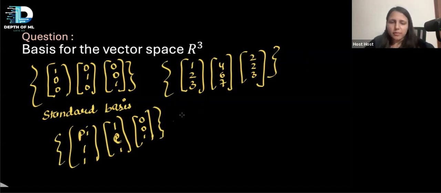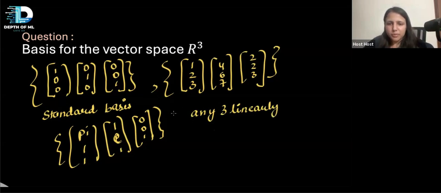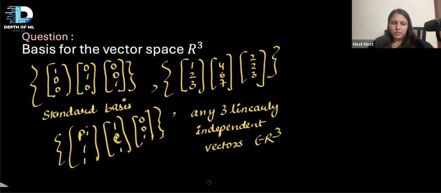Or in general, what are the bases for a vector space which is R3? Yeah, Rohan is giving very creative examples. Any three linearly independent vectors belonging to R3 will form a basis of this, right?